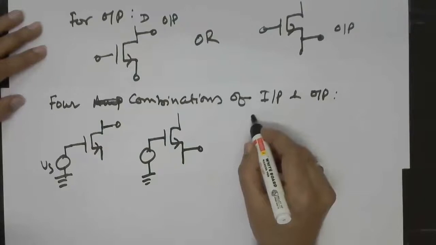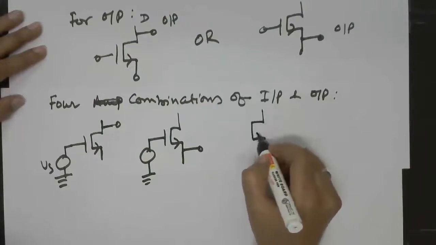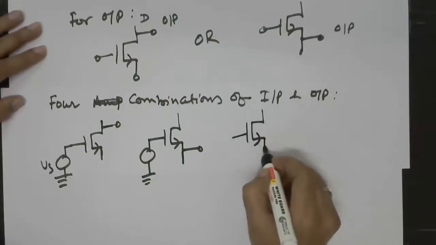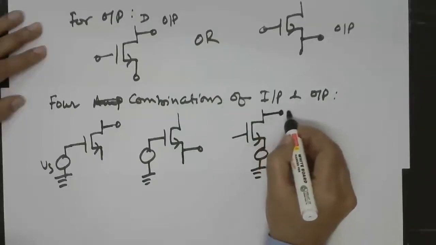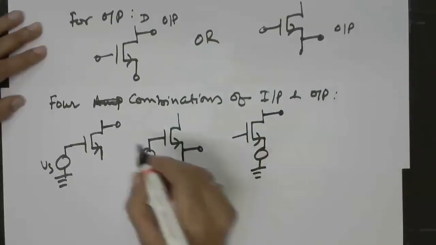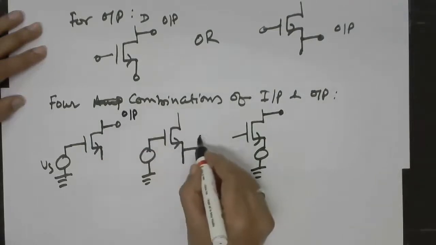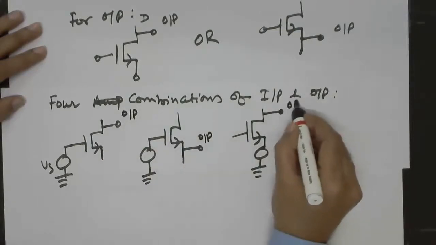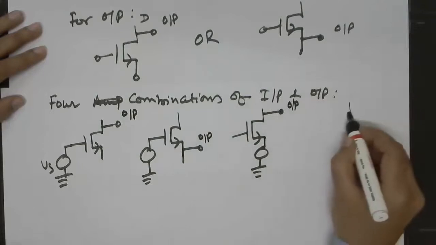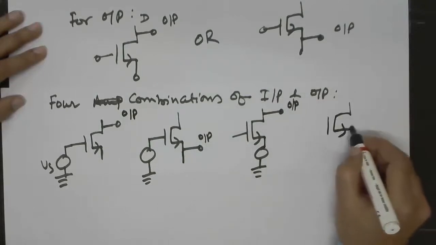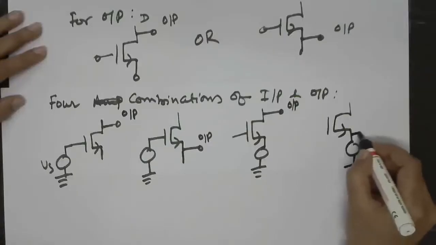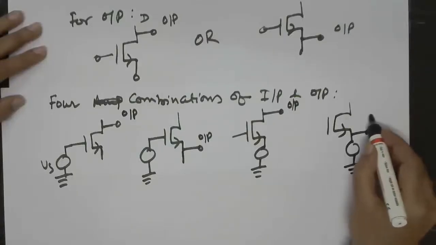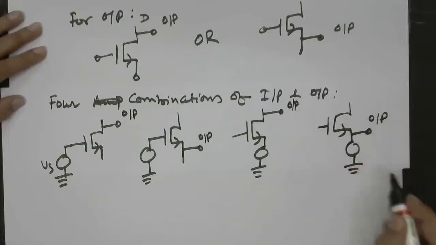Third is we apply the input to the source and take the output from the drain. And fourth is you apply the input at the source and take the output also from the source.